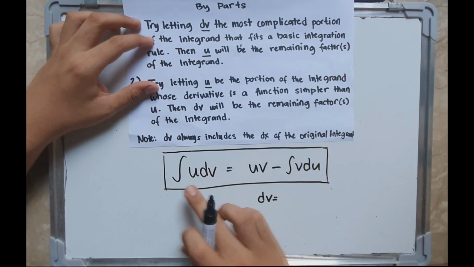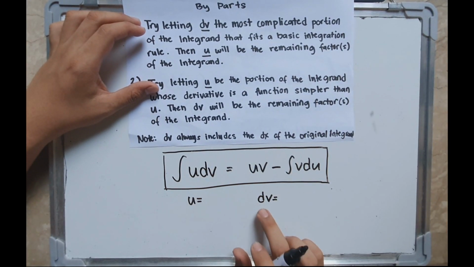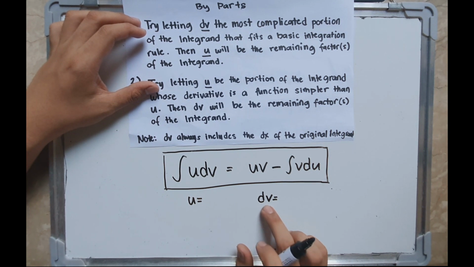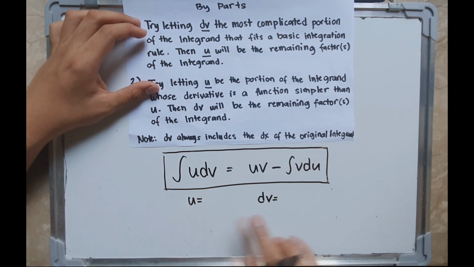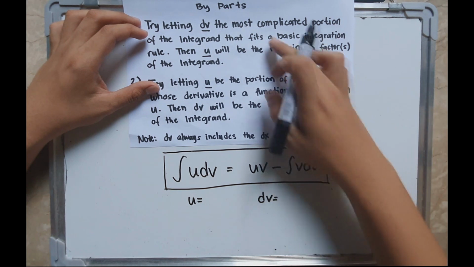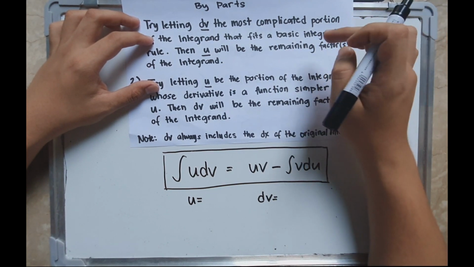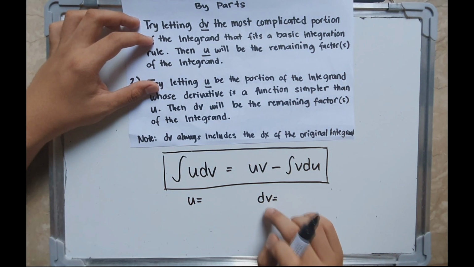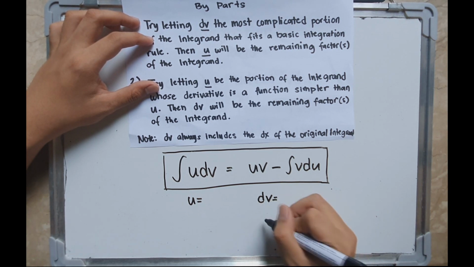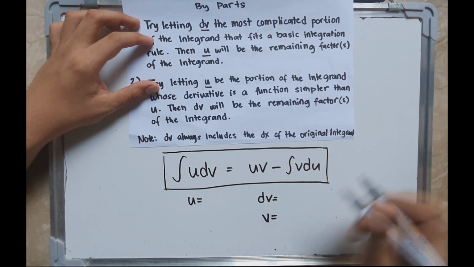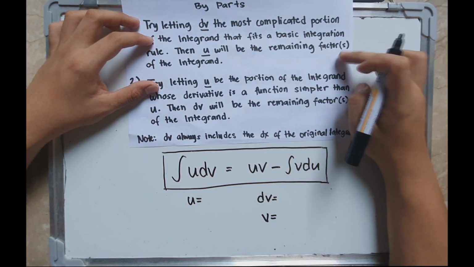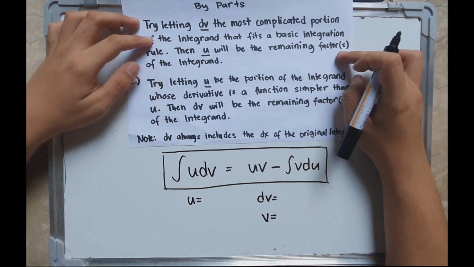So based on our formula, we need to assign u and dv. dv should be the most complicated portion of the integrand that fits the integration rule, so easy to integrate. Why? Because what shall we do with dv? We will be integrating dv. So the integral of dv will become v. Then u will be the remaining factor of the integrand.